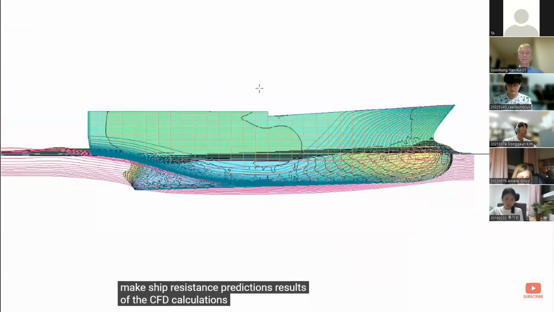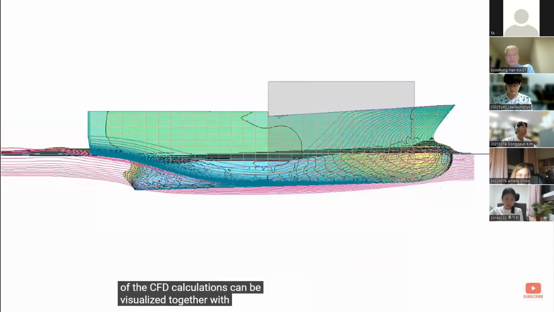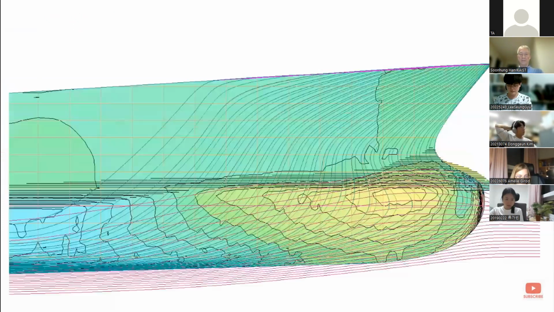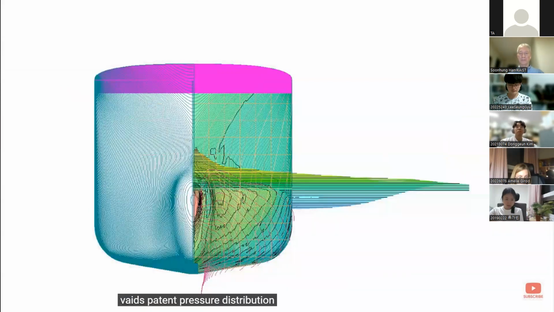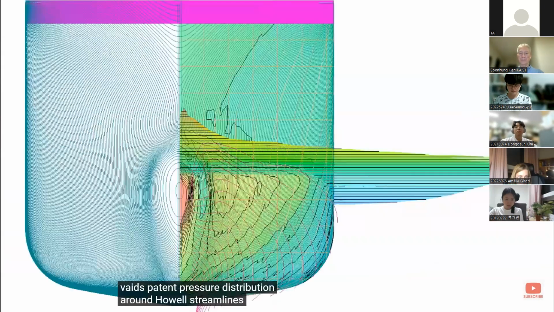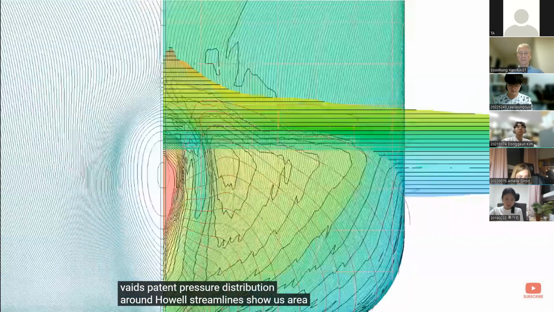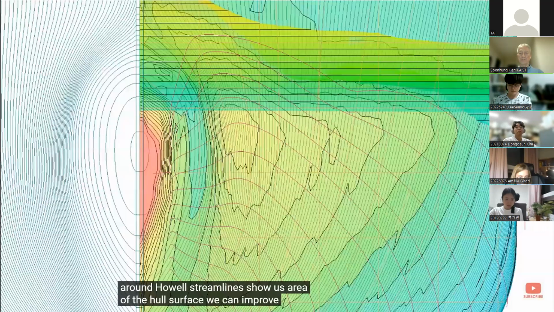Results of the CFD calculations can be visualized together with hull lines. Wave patterns, pressure distribution around the hull, and streamlines show us areas of the hull surface we can improve.